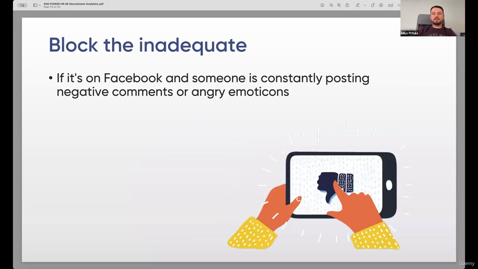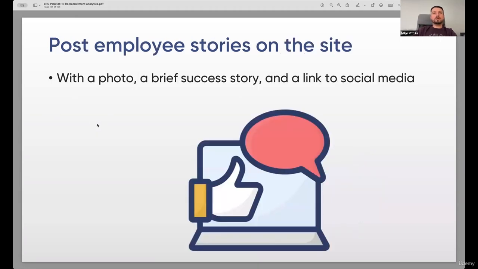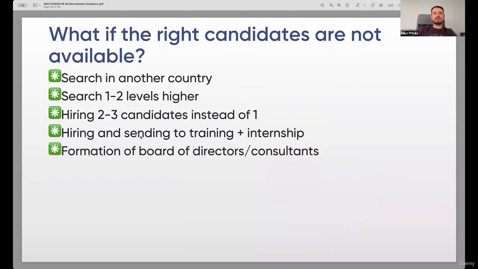If it's on Facebook or other social media, and some candidate comments on all your posts with negative information, just block them. Also hold a contest in the company and ask your employees, probably newcomers, to leave reviews in their own words. Or you may post your employee stories on the site just to show that it's true, you have good relations with your employees.